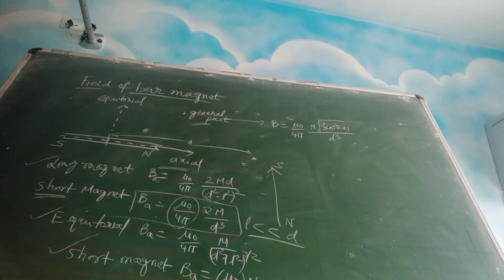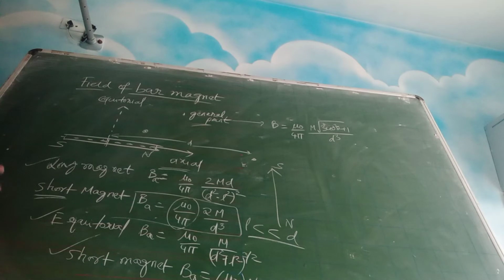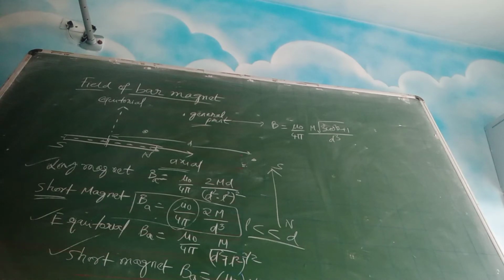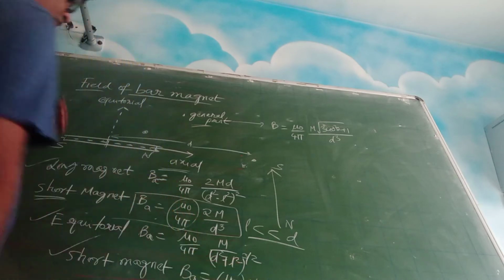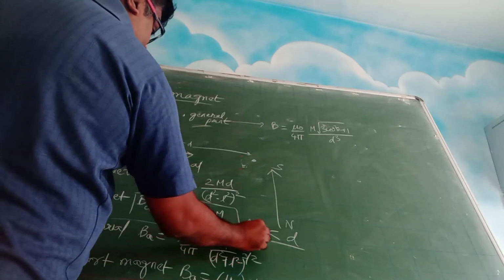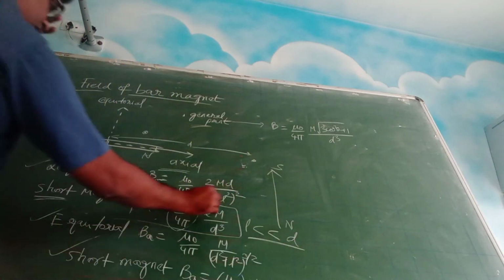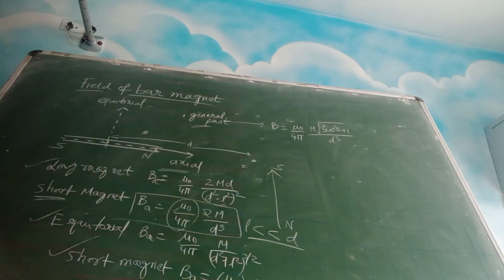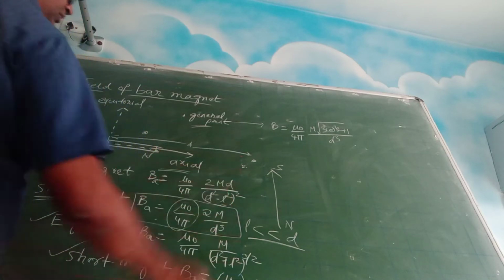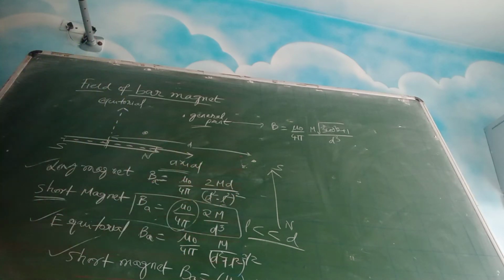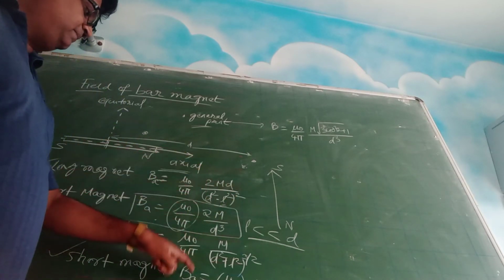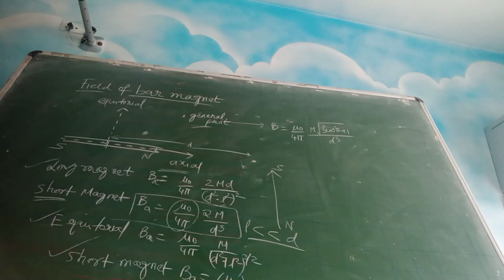You have to look for the term, whether it is a long magnet or a short magnet. So for a short magnet, this will become mu naught by 4 pi, m by d cube. See what happens when l is very less compared with d: you can ignore this l value. Then d square whole square, ignoring l, means d power 4. So d divided by d power 4 becomes d power 3 in the denominator.